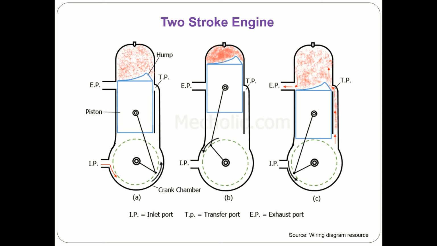So there is an opening which is provided in the crankcase, that is called the inlet port, wherein the mixture of fuel and air is taken into the crankcase through this inlet port. The second port is the transport port, which is connecting the crankcase with the cylinder, and the third one is the exhaust port, which is used for exhausting the gases.